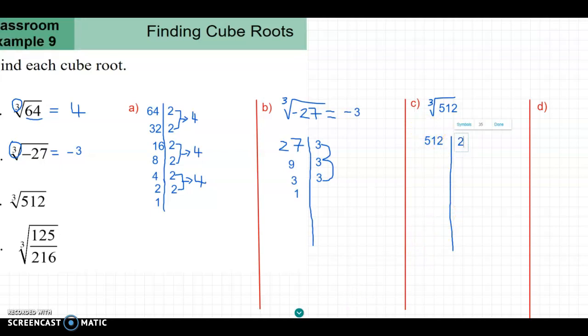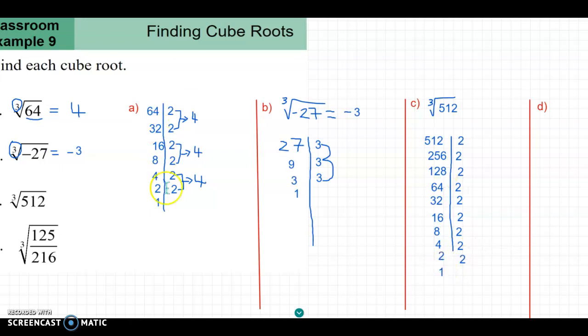So 512 divided by 2 will be 256. 256 divided by 2 will be 128. 128 divided by 2 will be 64. 64 divided by 2 is 32. 32 divided by 2 is 16. 16 divided by 2 will be 8. 8 divided by 2 is 4. And 4 divided by 2 will be 2. And 2 divided by 2 is 1.